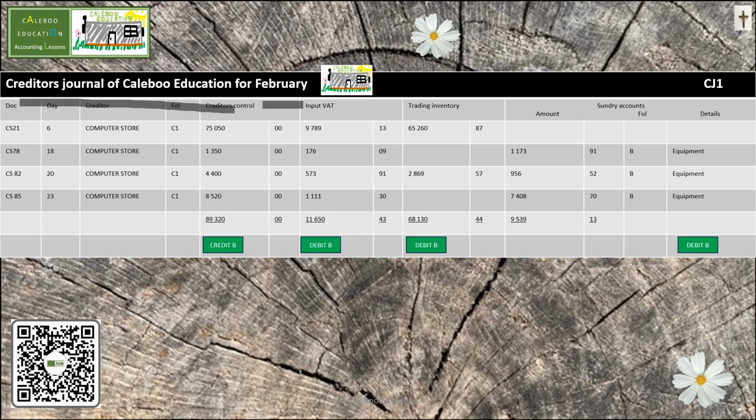We were looking at credit purchases for February. The journal folio or the journal reference is CJ1, Creditors Journal 1, and you had columns here for creditors control, input VAT, trading inventory, and sundry.